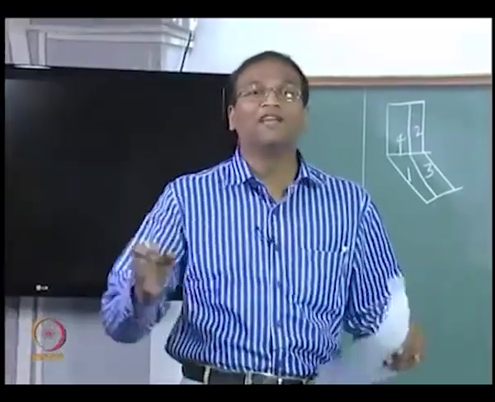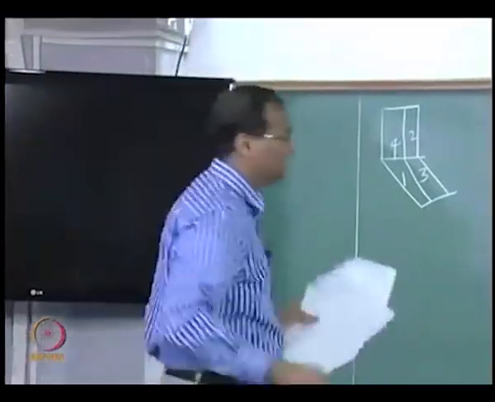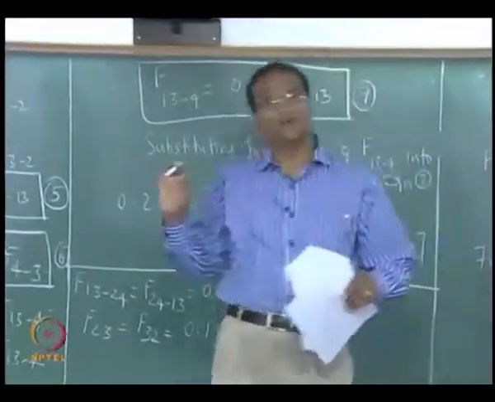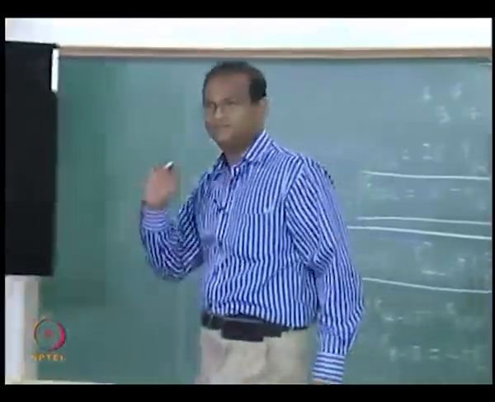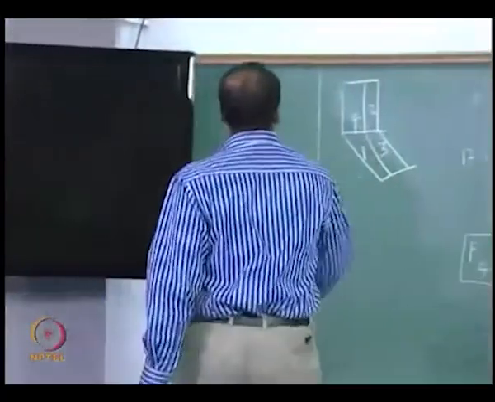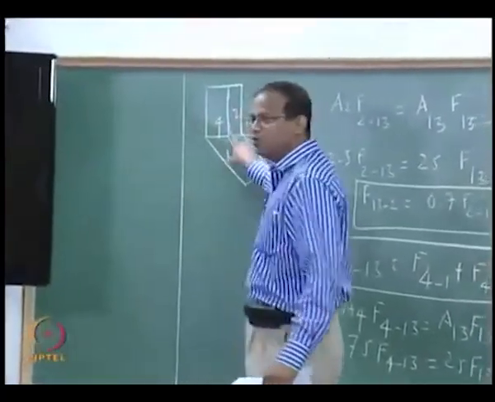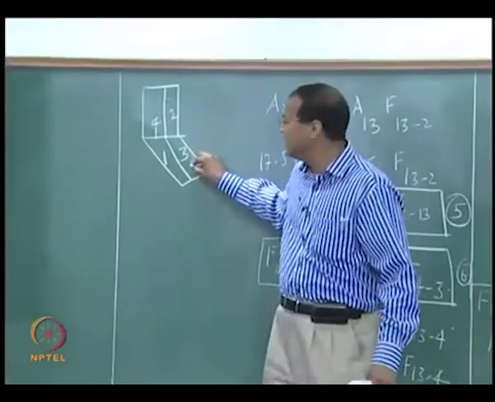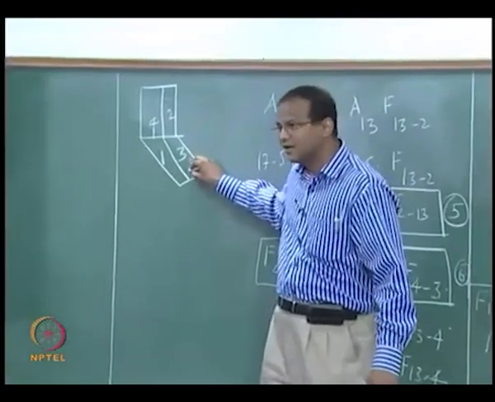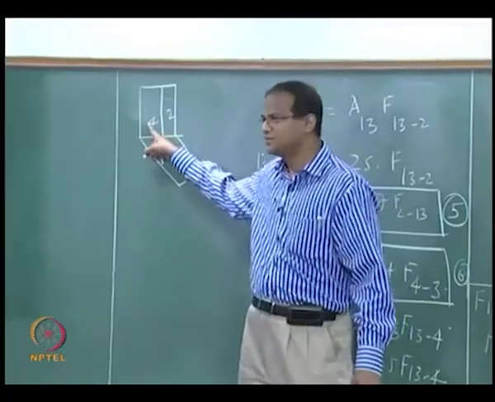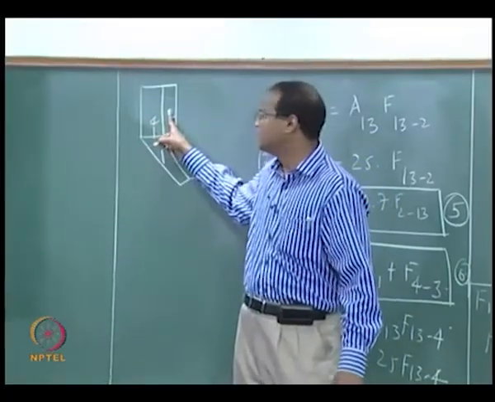F34 equal to F12, that is the killer step. F34 equal to F21. It is the same 90 degrees. This fellow is 3.5 into 5, this fellow is 1.5 into 5, this fellow is 3.5 into 5.